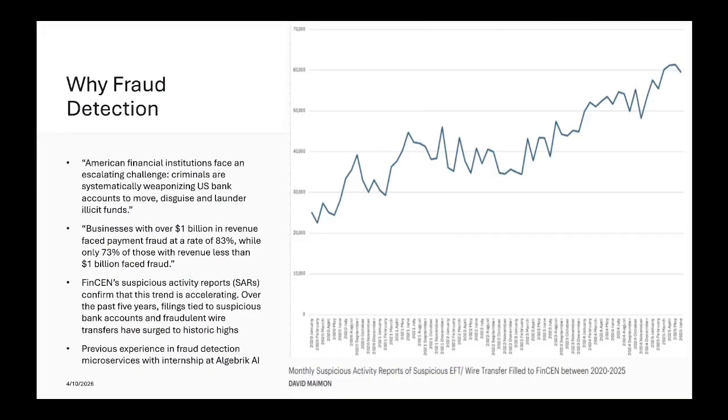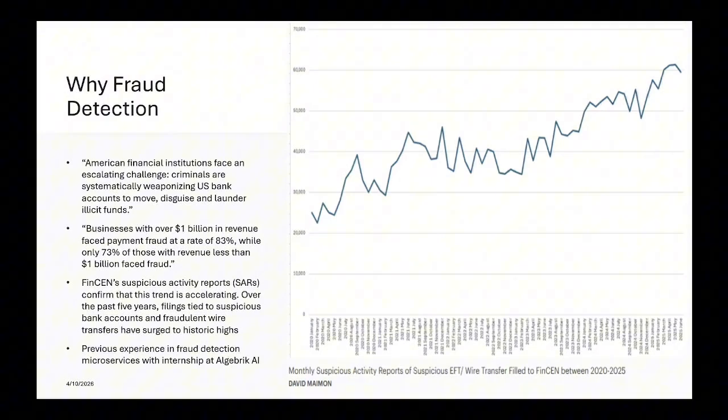All right, why fraud detection? I grew up in a very financially smart home where my mom worked in banks and credit unions the majority of her life, and she still is to this day. She's working with banks and credit unions. And so we had a lot of conversations about fraud detection, or not fraud detection, but just fraud in general.